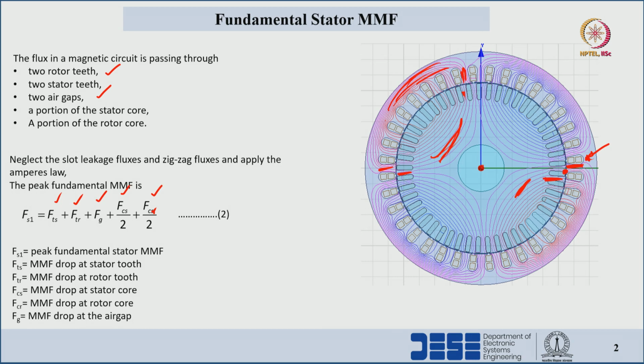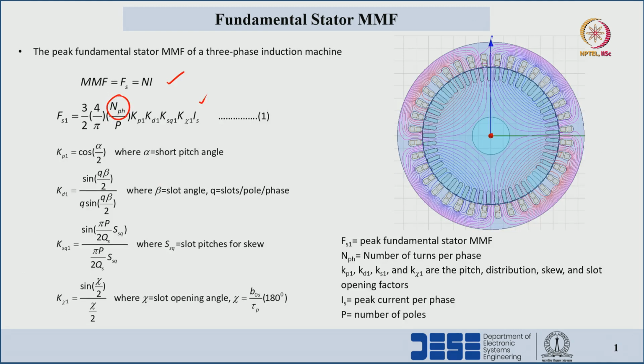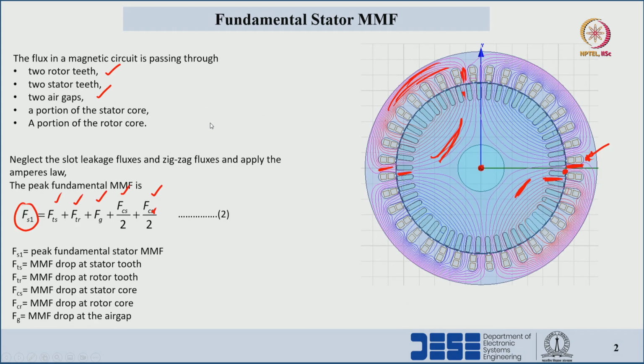By calculating all these 5 types of MMF drops, we can find the peak fundamental MMF. So, by equating equation 1 and equation 2, we can find the magnetizing current required to establish this much MMF at the air gap.